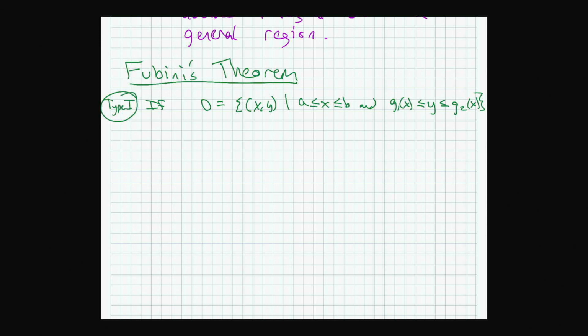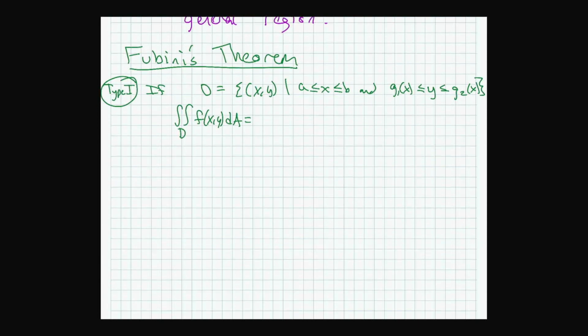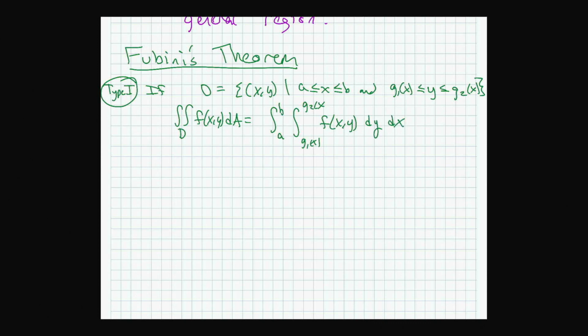Then you want to do the double integral over D of f of x, y dA. And what you're actually going to do is an integral from a to b of the integral from g1 to g2 of f of x, y, and you do the y integral first, and then you do the x integral second.